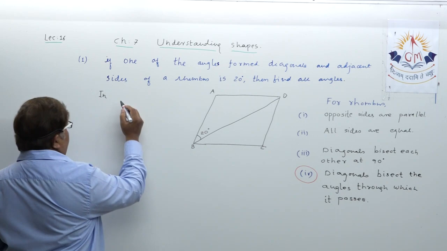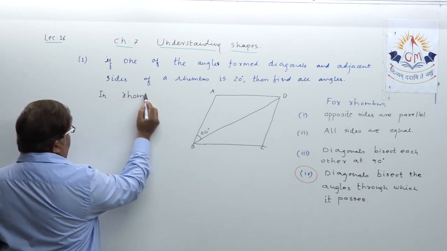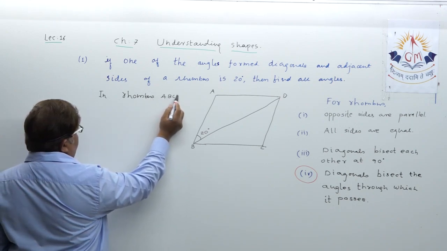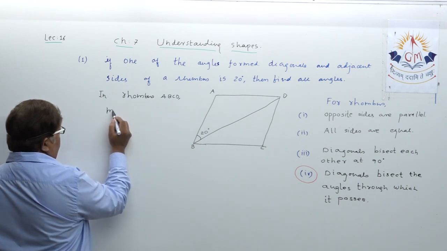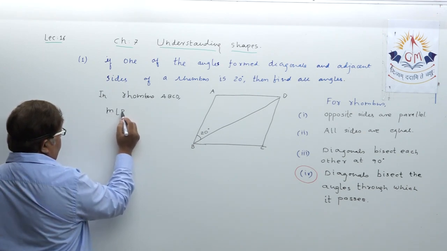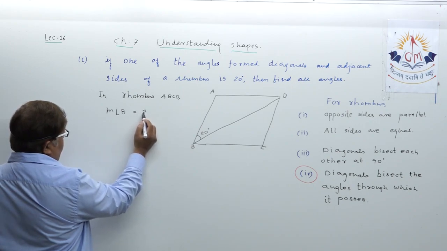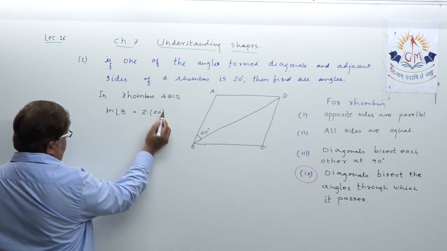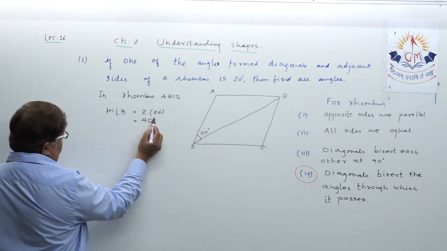In rhombus ABCD, dear student, you can directly write this way: measure angle B equal to 2 into 20, that is 40 degrees.